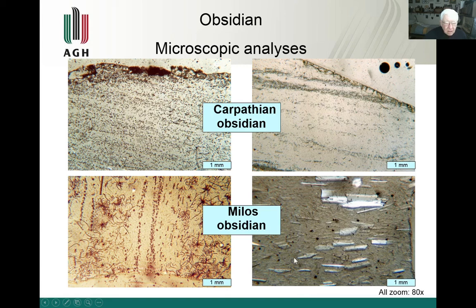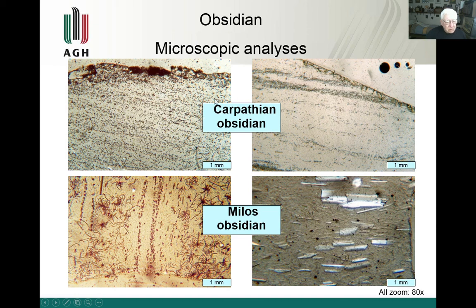But if we look more closely at the structure of obsidian, there are only two examples. Obsidian from the border between Slovakia and Hungary, so-called Carpathian. There are, as you know, two or three types, with various internal structure and various chemistry. But if we look under the microscope more closely at the structure of Carpathian obsidians, one can see an evident parallel structure inside.